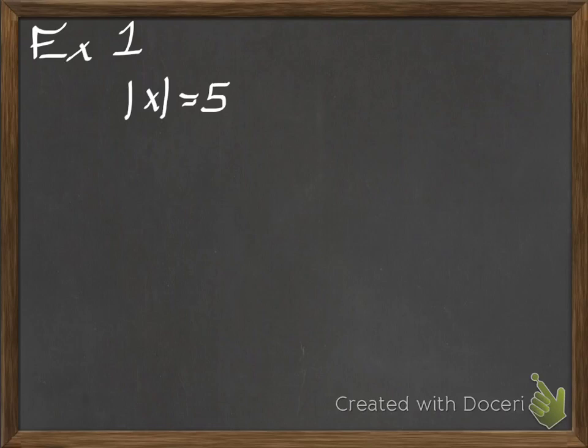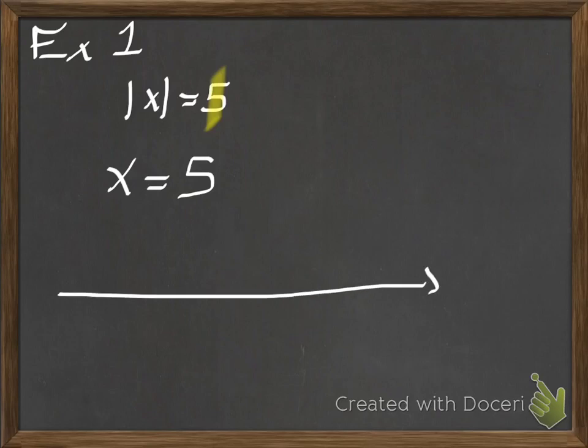If we know that there is an object that's 5 units away, that's what this 5 is standing for, it could be where x is standing at positive 5. We're talking about being 5 units away from 0. There's nothing else inside it, so we know it's 5 units away from 0.